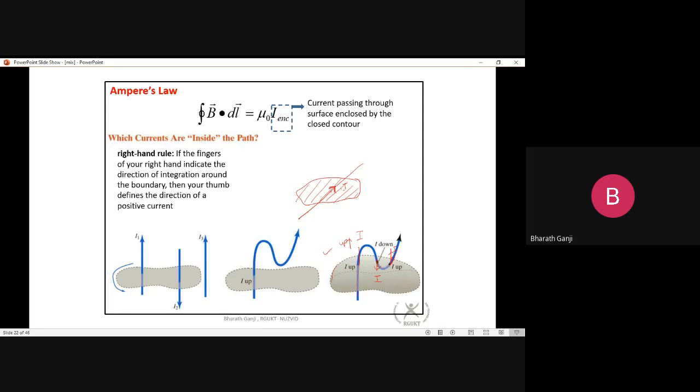Okay. But when you talk about current densities, say for example, there is a wire going like this. And if you take a loop like this around it, then obviously the surface and the wire are all parallel to each other.